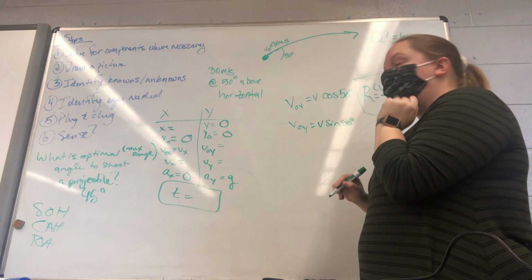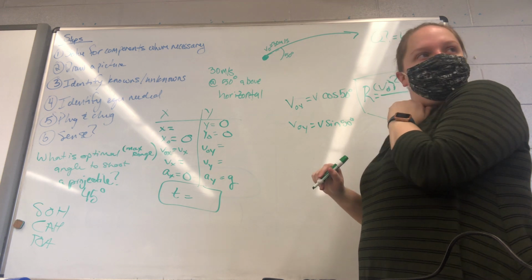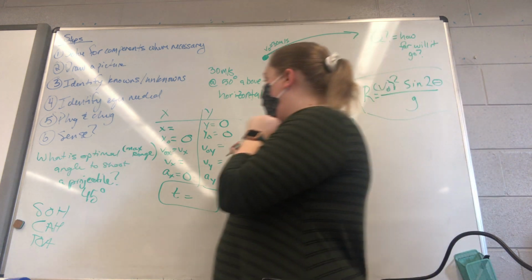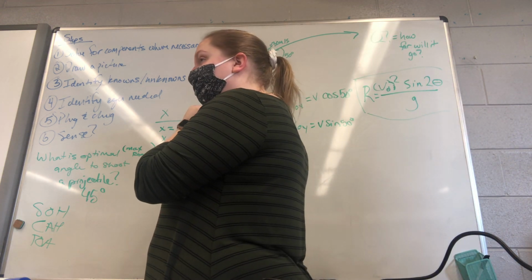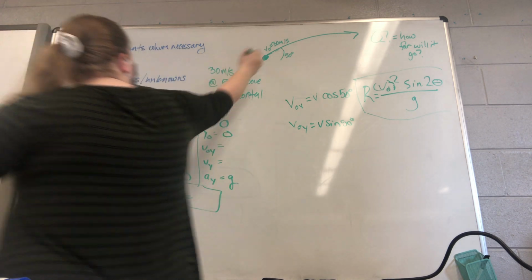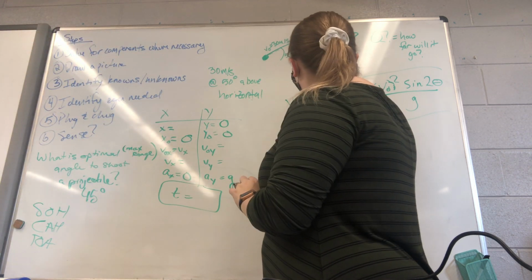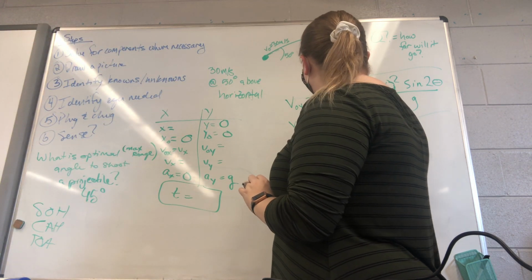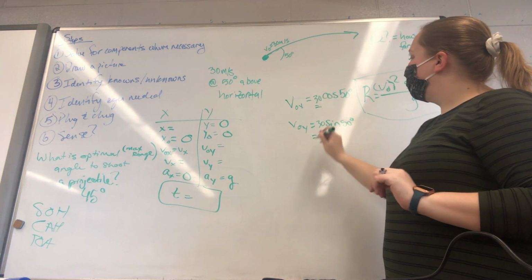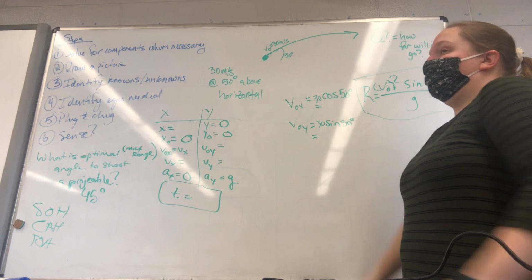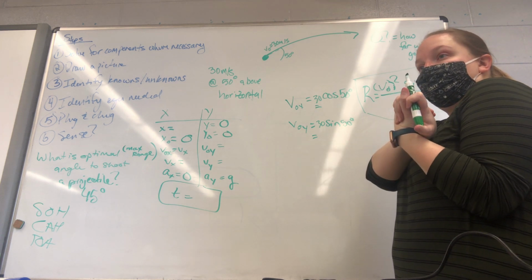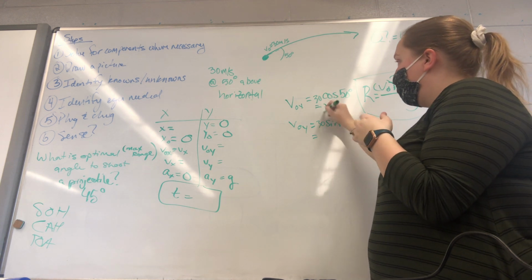Calculators. What are we supposed to plug in for V? Oh, 30. Oh, okay. For v naught x, I got 28.94.